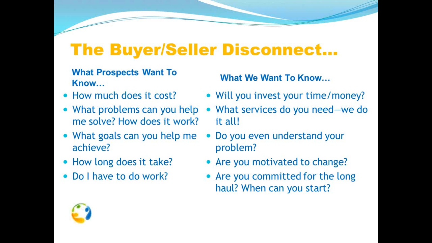So again, very complicated to convey that in a website where you have to have facts, features, benefits, and the customer who's not very educated has to figure it all out and decide if you're the right fit for him. So same thing, on the left-hand side, what are my goals? Here are my goals. How can you help me solve them? How long is it going to take? Do I have to do work, or are you going to do everything for me? So these are all very common kinds of questions.